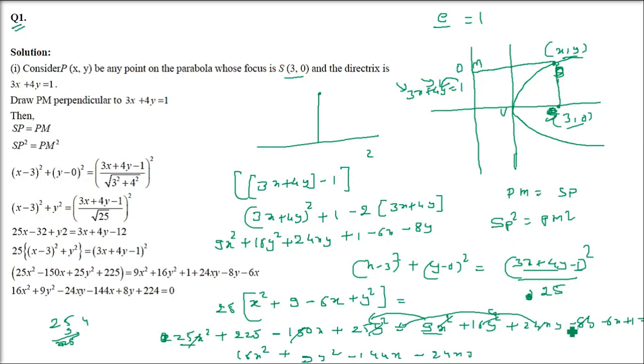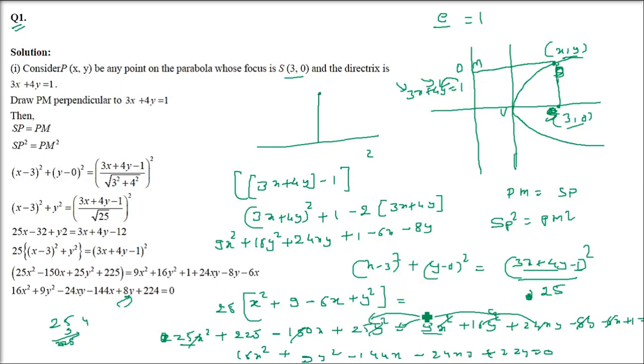So this is 16x square plus 9y square minus 144x minus 24xy, and then 225 minus 1, of course, it will be 224 equals 0. So this is the final equation.